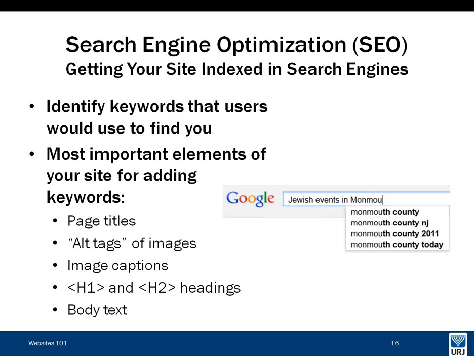So the places that you need to make sure that these keywords are inserted are in your page titles, which is what you see at the very top of your web browser when you're on a web page. So a good page title might be, Congregation Aleph in Monmouth County, New Jersey. So that will help your site get indexed for people who are searching for, Congregation, Monmouth County.